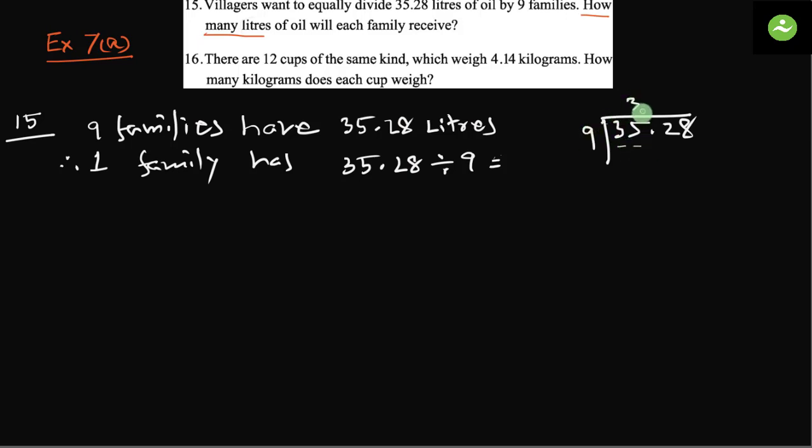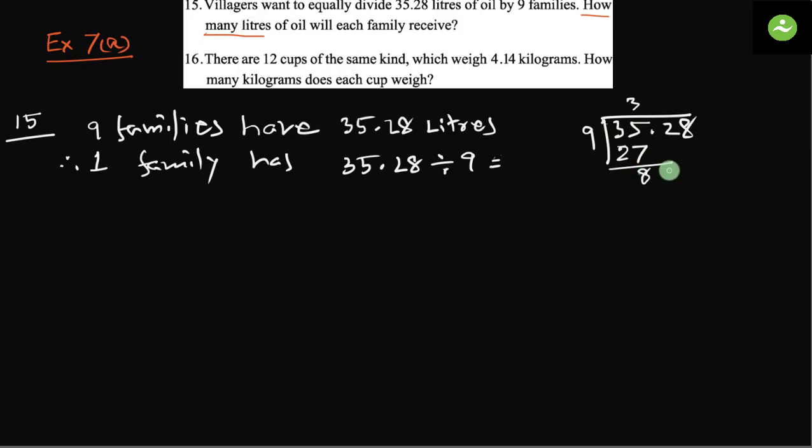So 3 into 9, 27. Deduct 27 and what should be this? It is 8. So this is 8. So bring down the next digit.